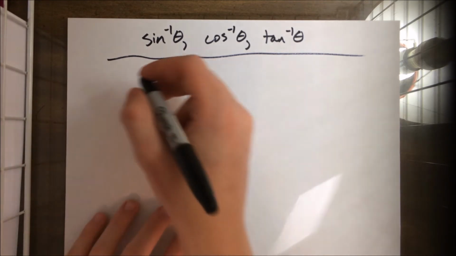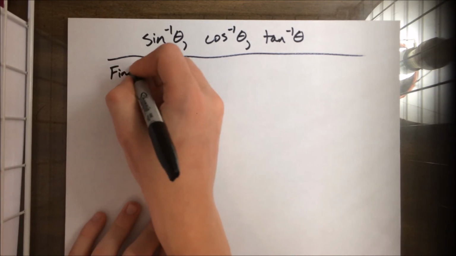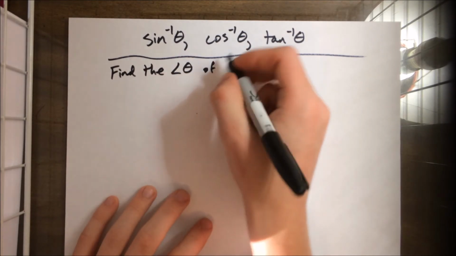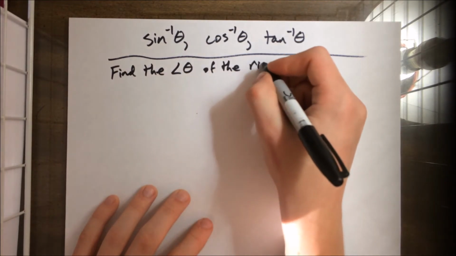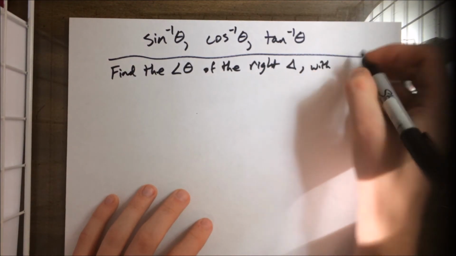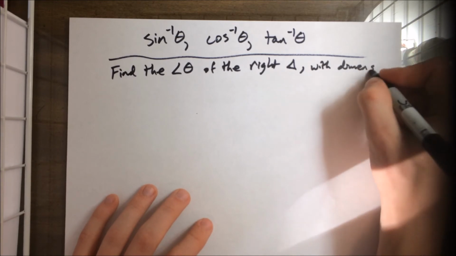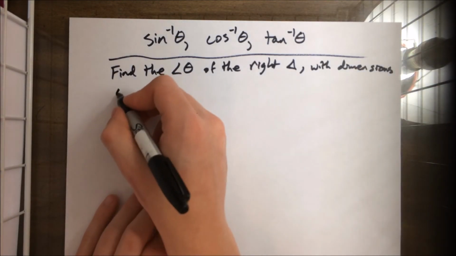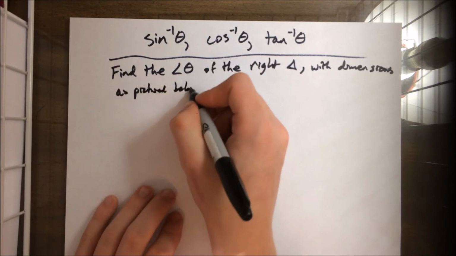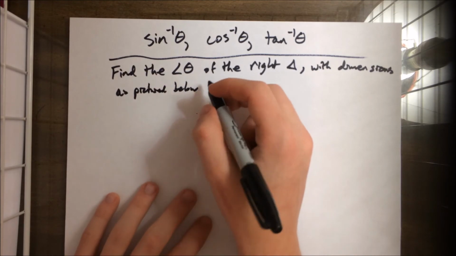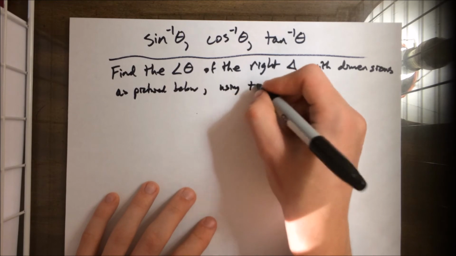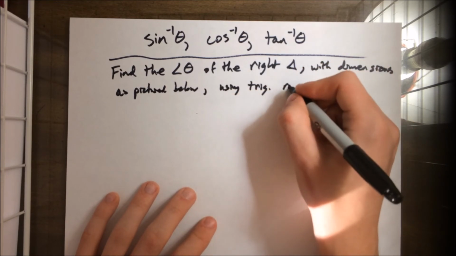So in this example, let's find the angle theta of the right triangle with dimensions as pictured below, using trig ratios.